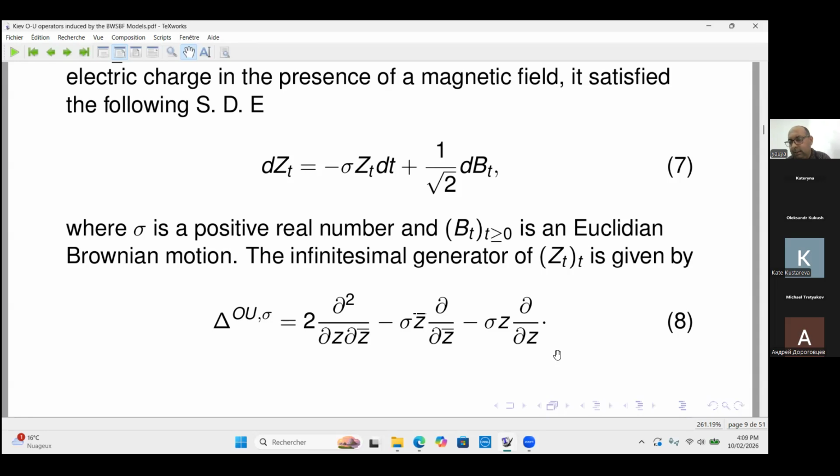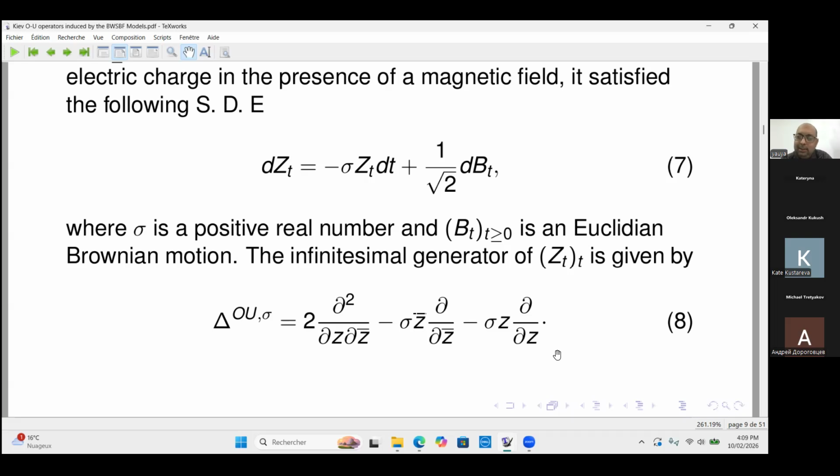Is it right? Yes, for example, a holomorphic function vanishes if we differentiate it with respect to z bar. So how can we interpret this expression?